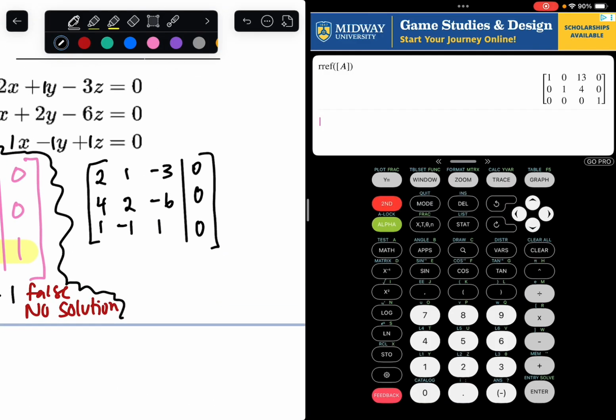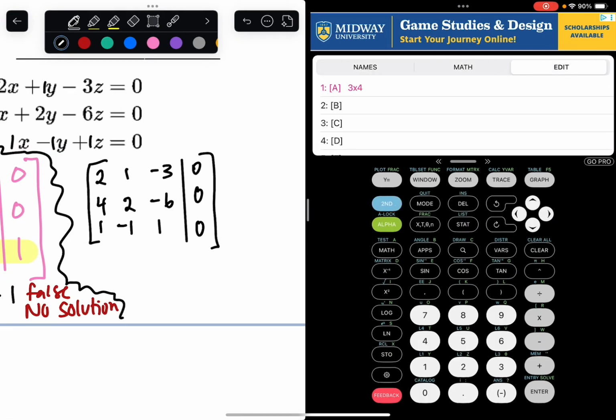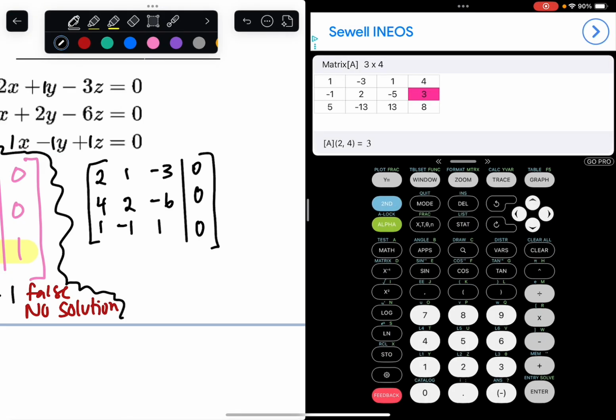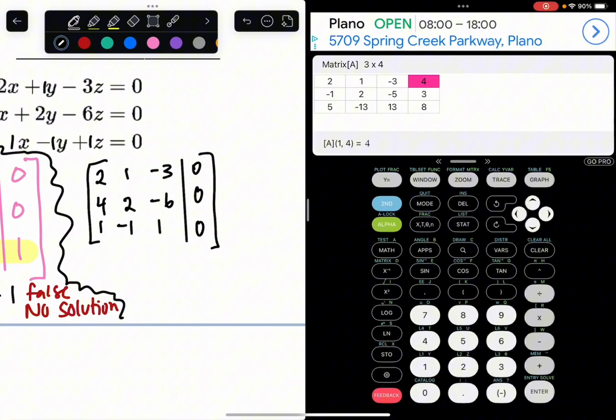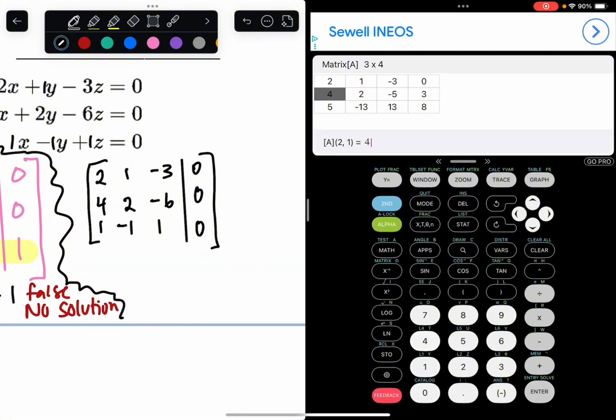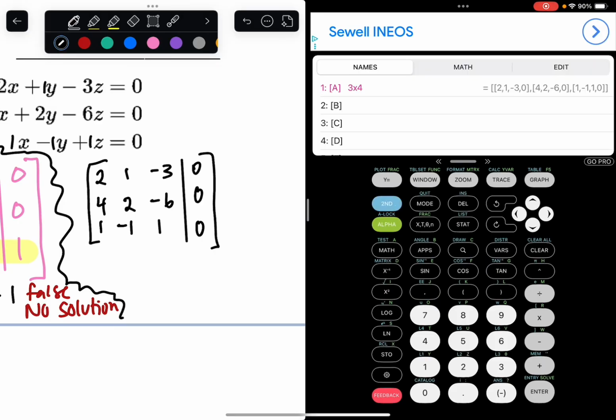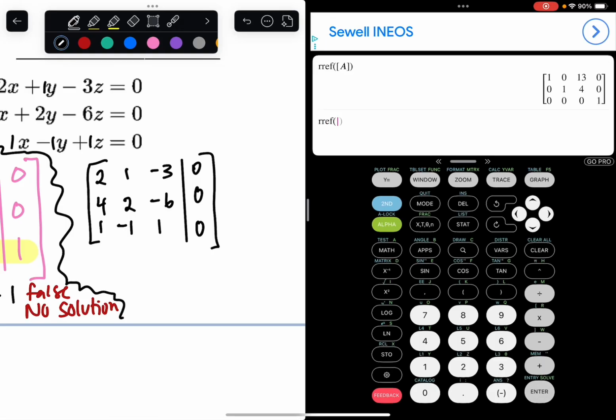So now, second matrix, go over to edit, choose option 1, override your entries. Second quit, second matrix, go over to math, RREF, second matrix, option 1.